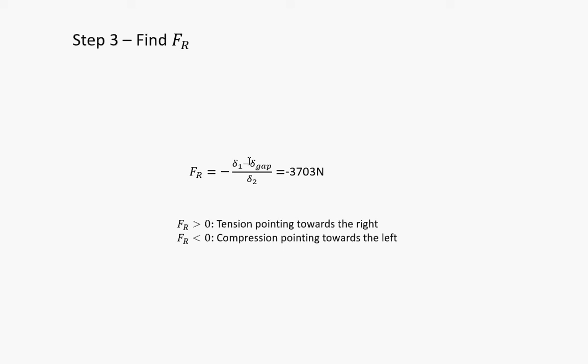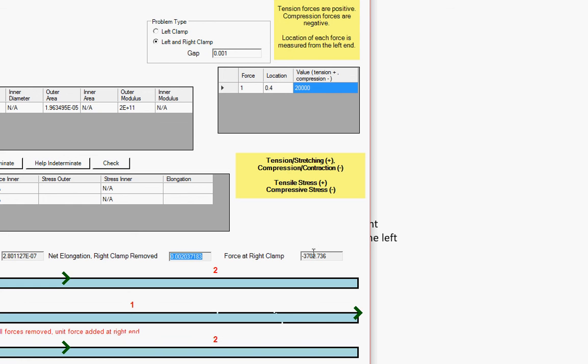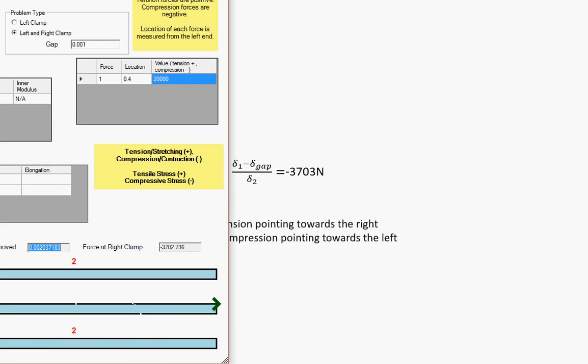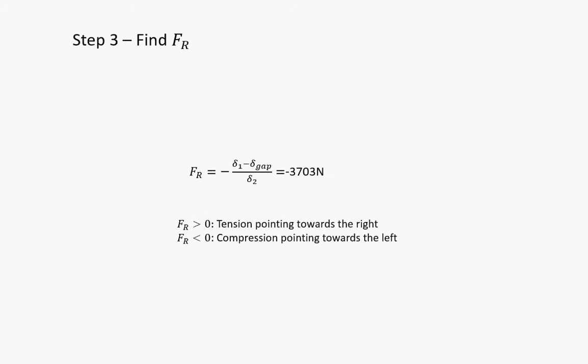However, this time you're factoring in the gap distance, and that's all there is to it, really. You can see they have the same value as me, just rounded a little differently. Now that you have the force on the right end, just like the others, it's finally become a determinate problem that you can go through your final solution with.